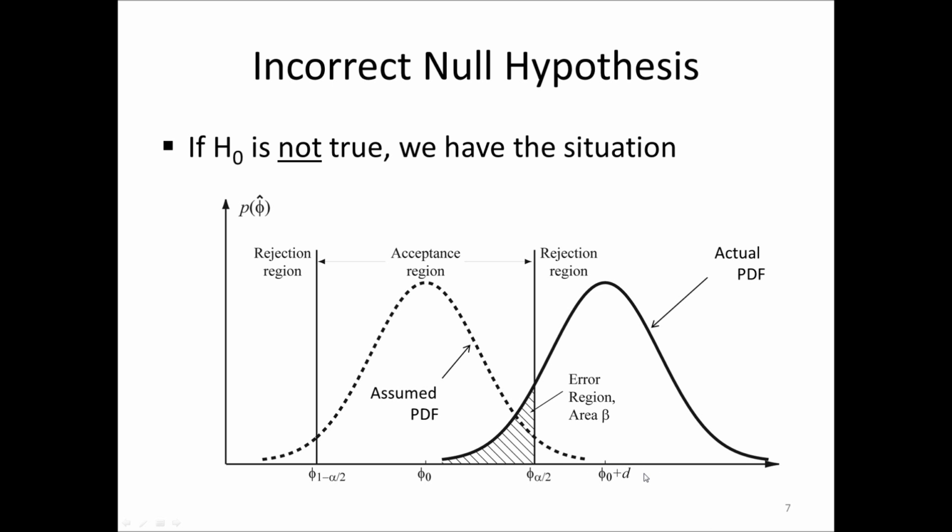Furthermore, here we have an area indicated by dashes, which causes the null hypothesis to be accepted, despite the fact that it's not true.